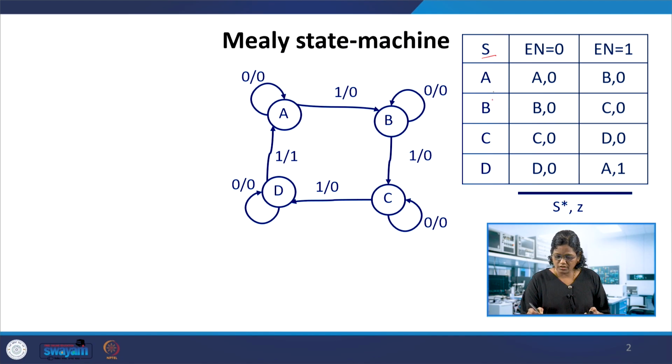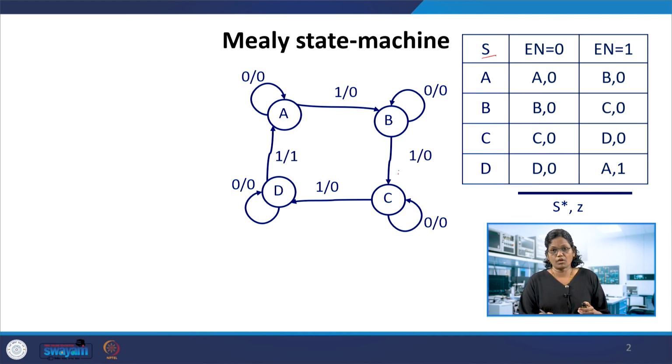So this is the current state A, B, C, D, and when enable is 0, it stays in the same state, and the output is 0. And when enable is 1, it moves to B, and the output is 0. From B, similarly, if the enable input is 0, then the output is also 0, and it stays in the same state.